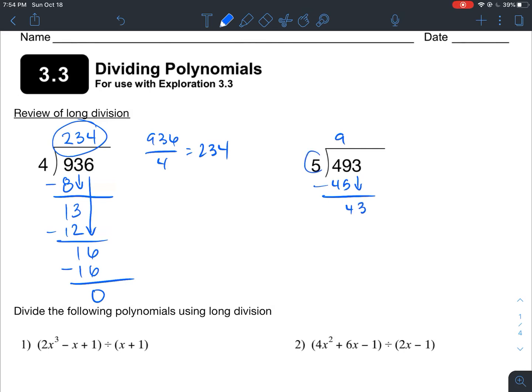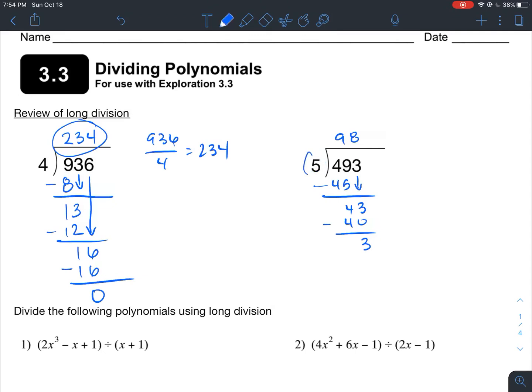So how many times does 5 go into 43? 5, 10, 15, 20, 25, 30, 35, 40, and we can't go any more, so 8. And 5 times 8 is 40. And you subtract them, and you're left with 3, and that's about as far as we can go.